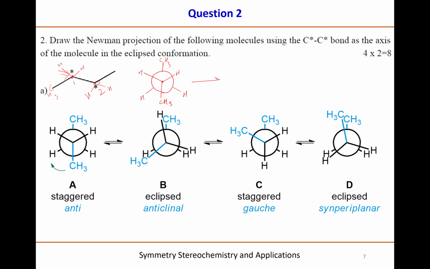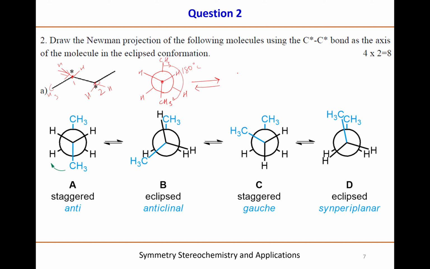I will write here. You have to keep one carbon as it is, and you have to rotate the other carbon. Carbon free rotation will be there. So here I am considering this carbon as it is, and I will rotate the backside carbon by 180 degrees.